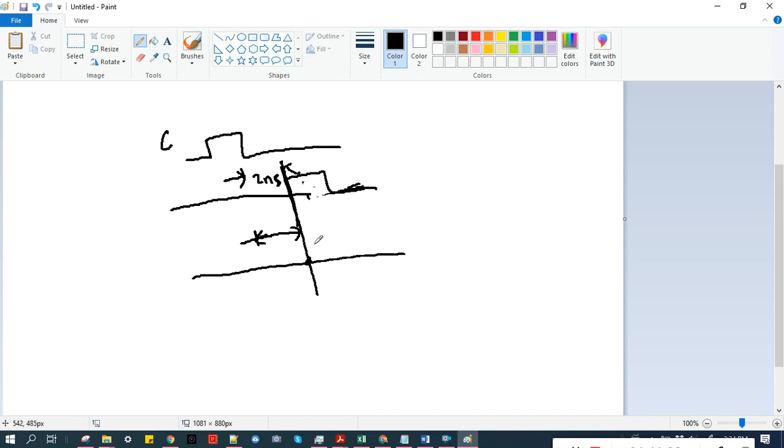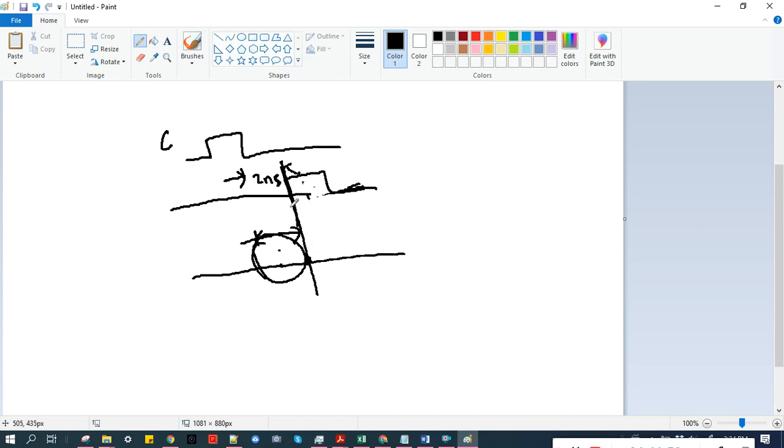Therefore, we expect the output to be unstable at this portion. Therefore, we can't measure the output during this time, because if we do, we will get the wrong result. We have to wait for the signal to be propagated to the output.